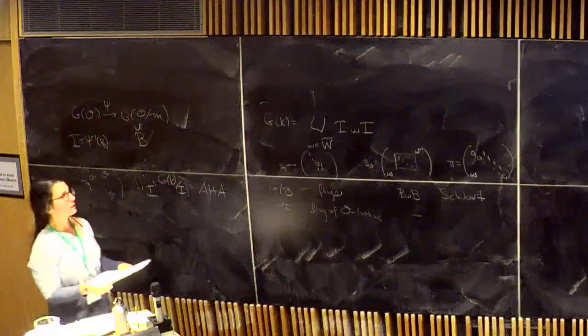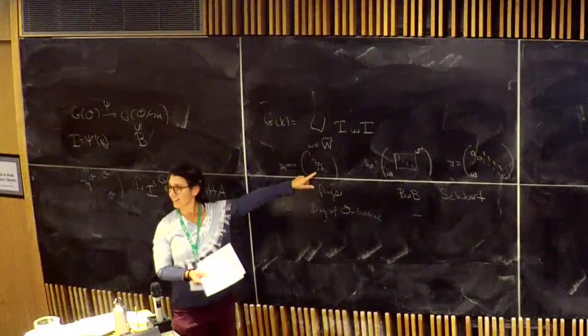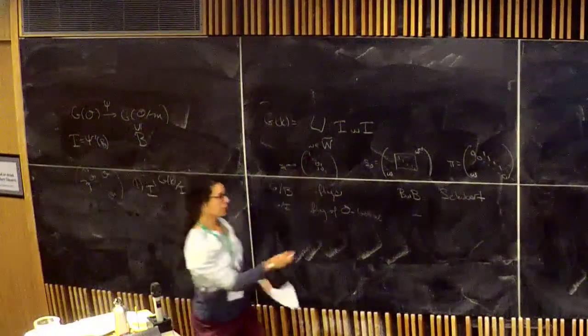Exercise: write out what the xi's look like.